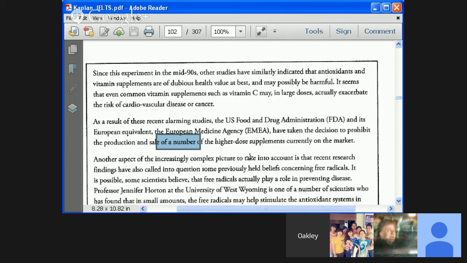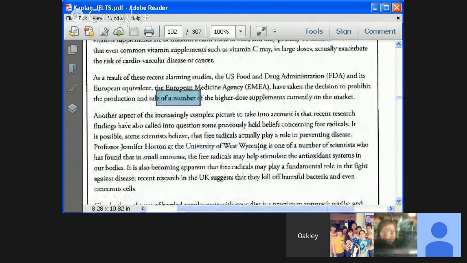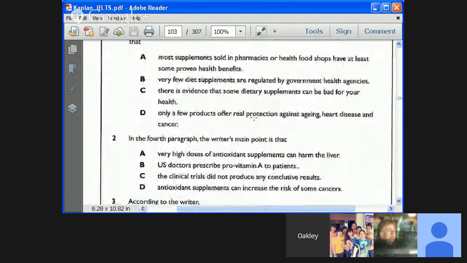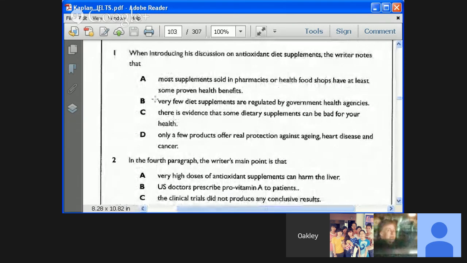All right. So there's the problem. Well, there's one problem at least. Very few, and a number of. A number of is like quite a lot of. Very few, quite a lot of. That's different. So here you go.